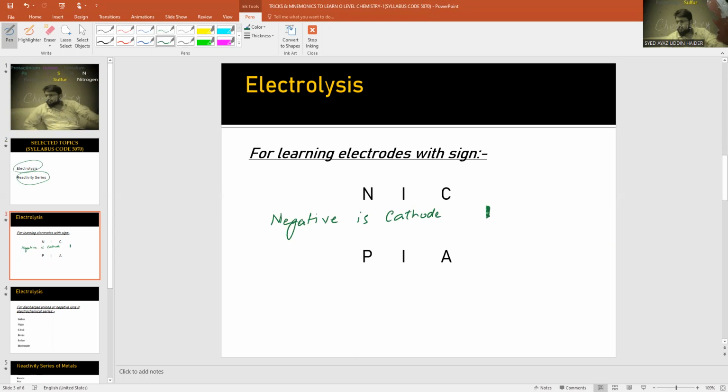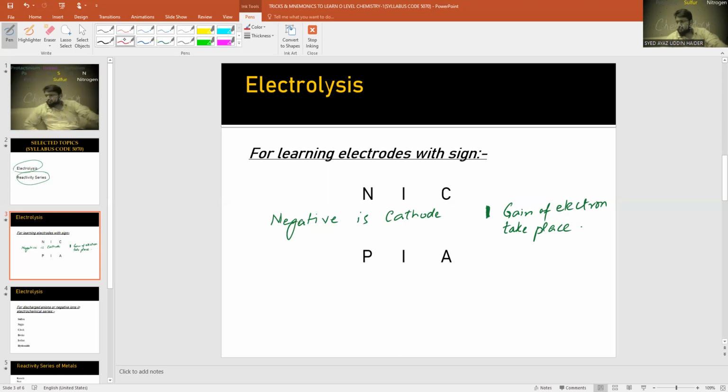Cations or positive ions will move towards cathode and gain of electrons takes place. This is reduction. Next one is PIA.